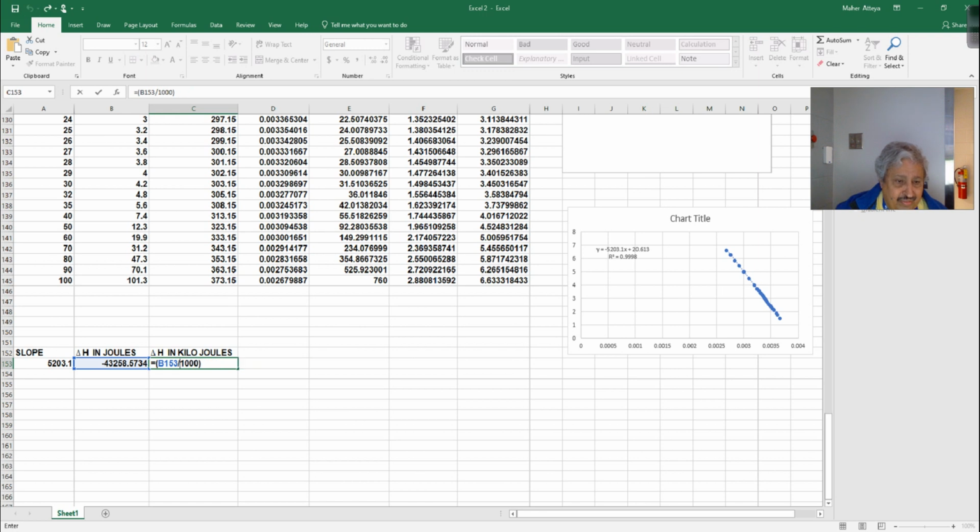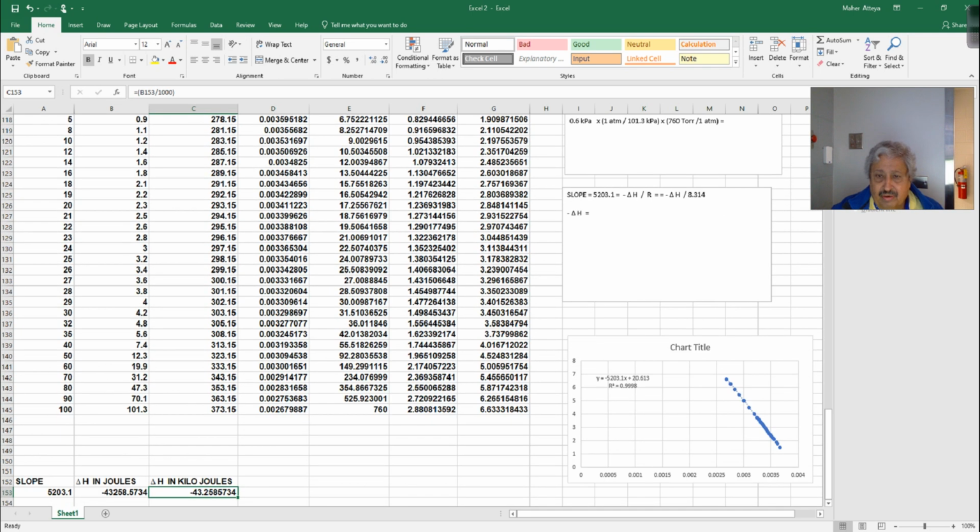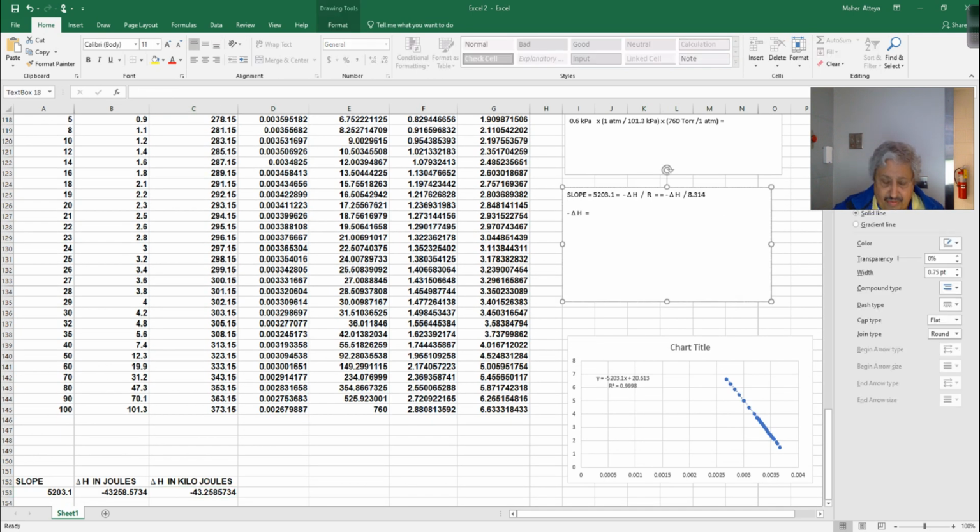What is this one here? So 43.26. It is 43.26 kilojoule. Okay, kilojoule.